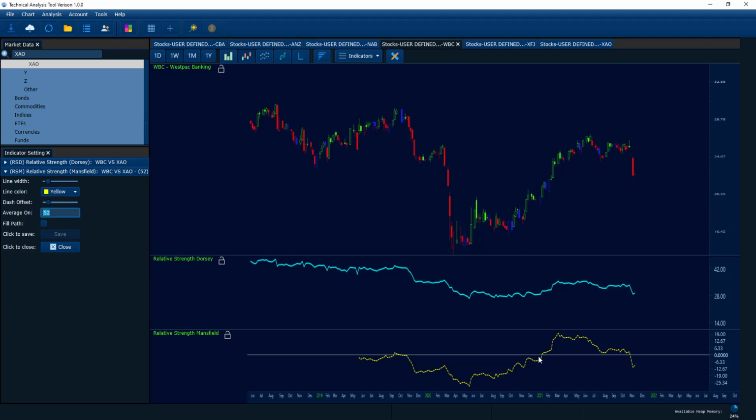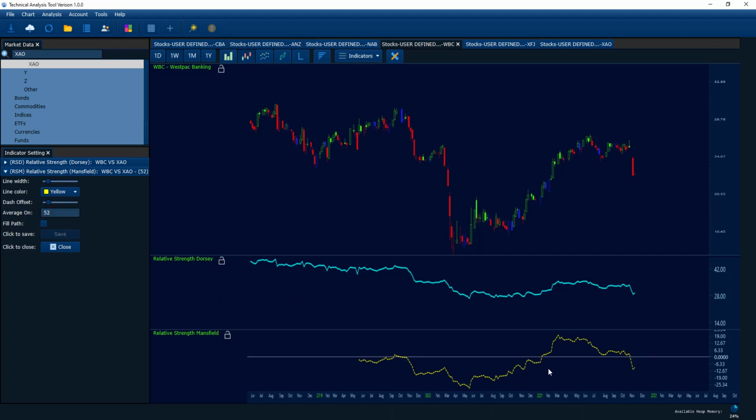The first one: if the securities outperform the market, it will go in an uptrend, but also it will stay above 0. So as you can see, the Mansfield has a 0 here for the user, who can easily identify the relative strength.